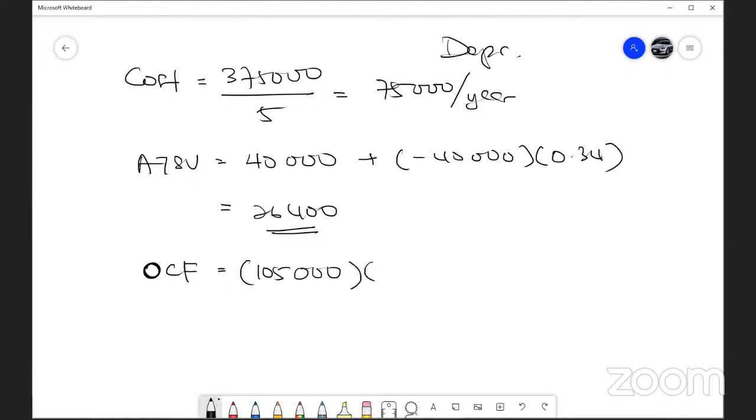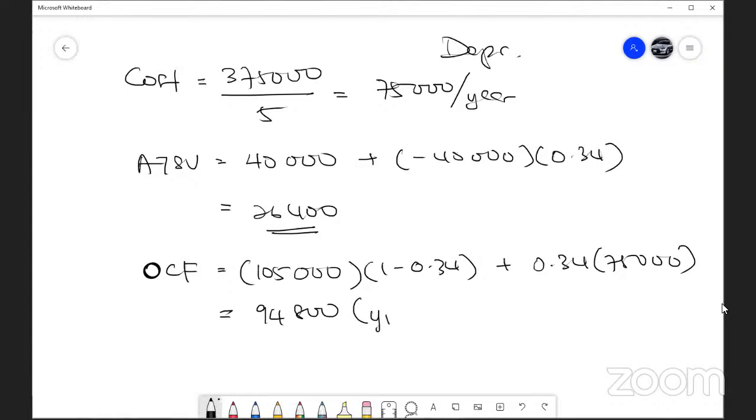So close bracket 1 minus T, plus T multiplied by depreciation. Okay, so your OCF is 94,800, year 1 to year 5.